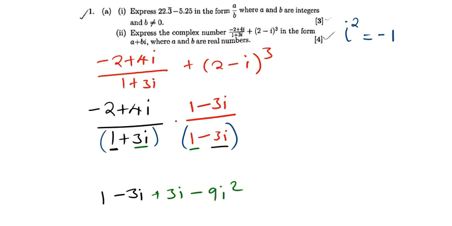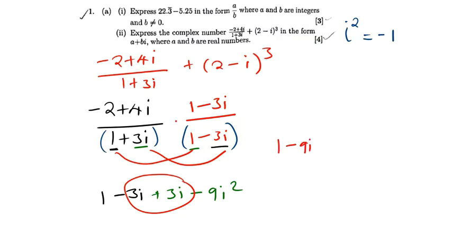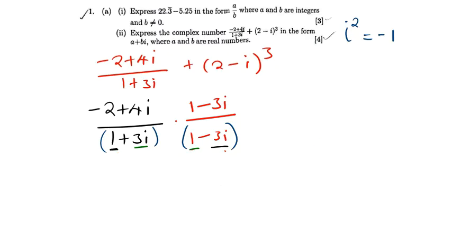So you see the middle part is cancelling out, right? It's just as good as multiplying 1 times 1 and then 3i times negative 3i, which will just be 1 minus 9i squared. That's what we do when multiplying a complex number by its conjugate. So in short, we just have 1 minus 9i squared for the denominator.